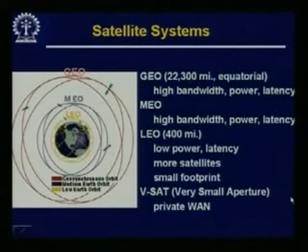Now, when you talk about a VSAT, you are not actually referring to any satellite. You are referring to the ground equipment that you use. VSATs are very small aperture terminals which private firms or private people can use. They are small antennas.